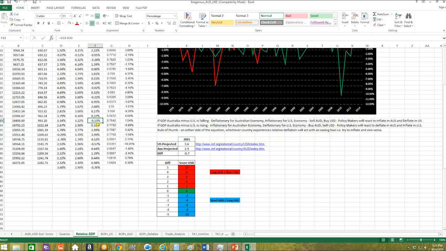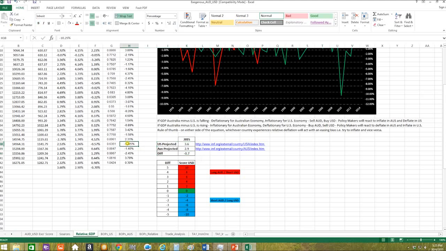So we have also our scorecard down here, and we'll come to that in a second when we go back to the presentation. But what we've also got here is our projected differential. So we're looking now forward at GDP growth in the United States for 2015 and Australian projected real GDP growth for 2015, and comparing the projected differential to last year.